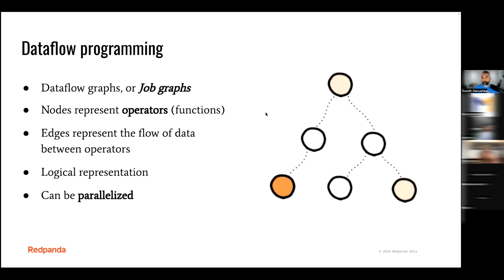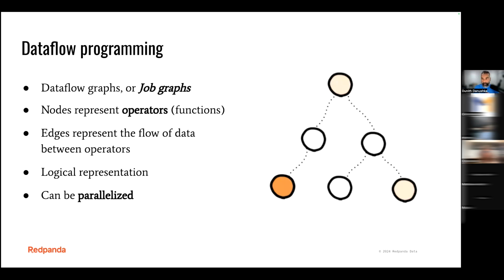So before I get into the details of Flink, let me touch upon the operation model of Flink. This is where I talk about data flow programming, because this is where we should try to understand how Flink works. In this model you have a graph.